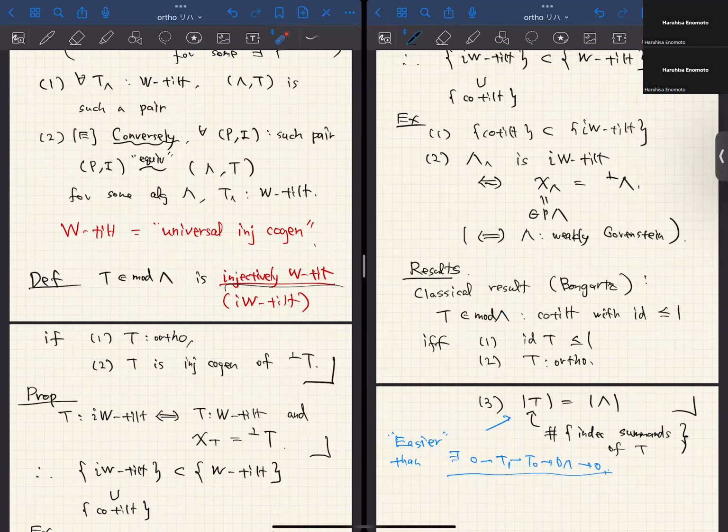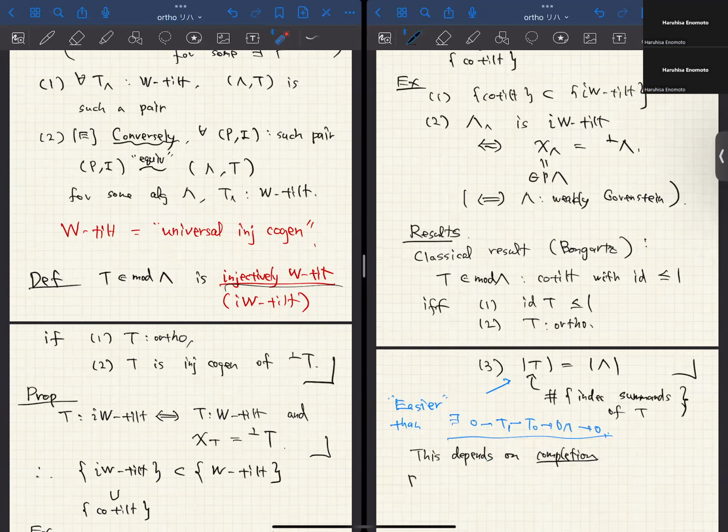But this result depends on the completion of a partial cotilting module into a cotilting module. This completion only works for the classical case.